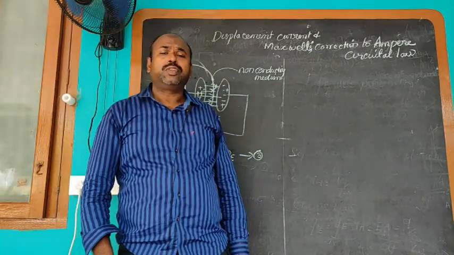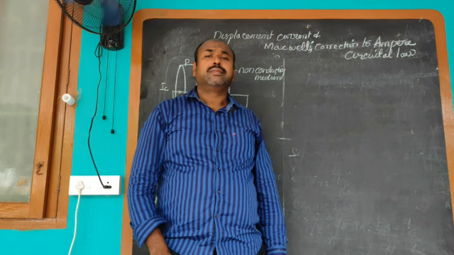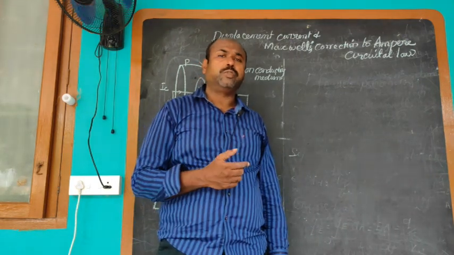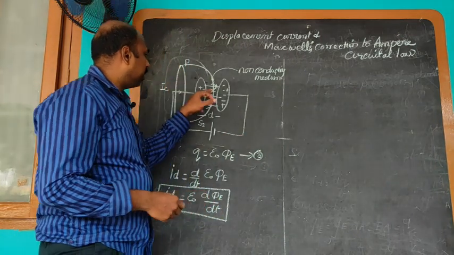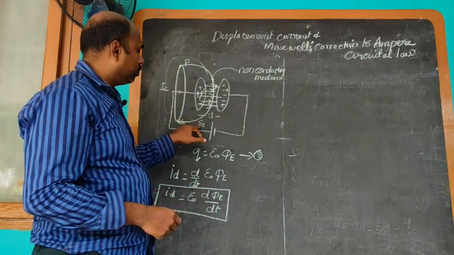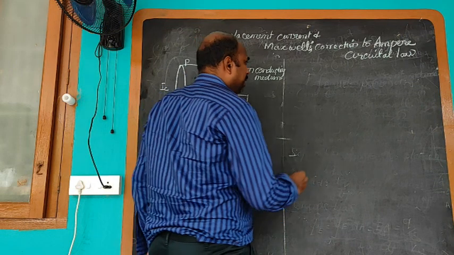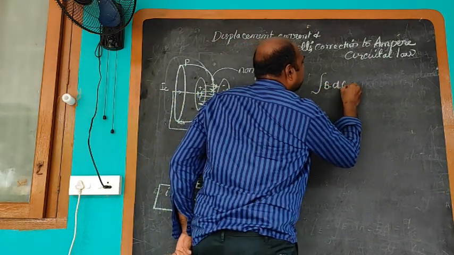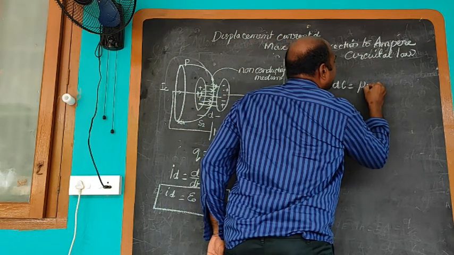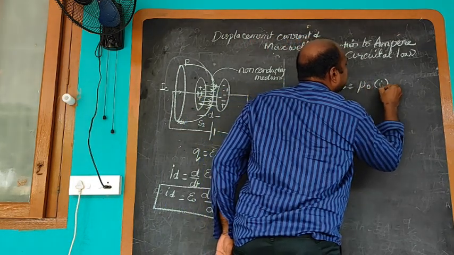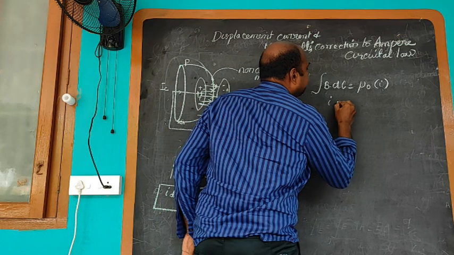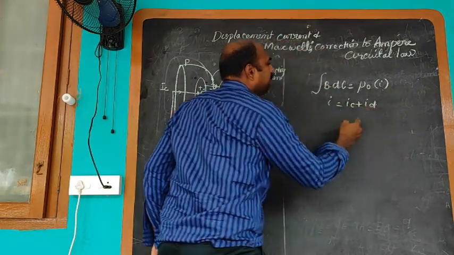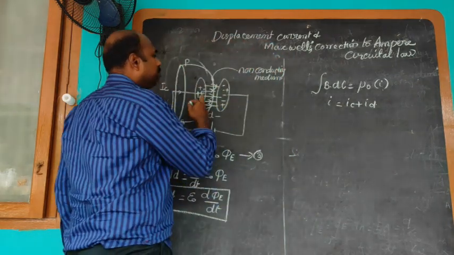Here Maxwell showed that along with the current IC, there is a current ID also flowing through the closed surface S2. He wrote the equation as B dot dl equal to mu 0 times I, where I is equal to IC plus ID. ID is the displacement current passing between the plates.